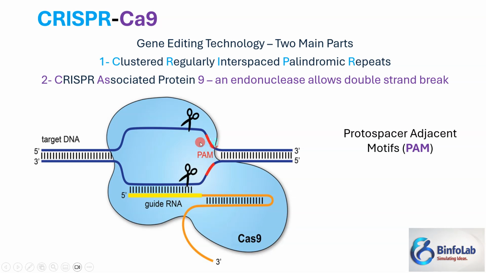Once the nuclease binds to the PAM location, the guide RNA will guide the nuclease enzyme where to cut that specific region. So, in other words, we design the guide RNA, or gRNA, before launching a CRISPR experiment.